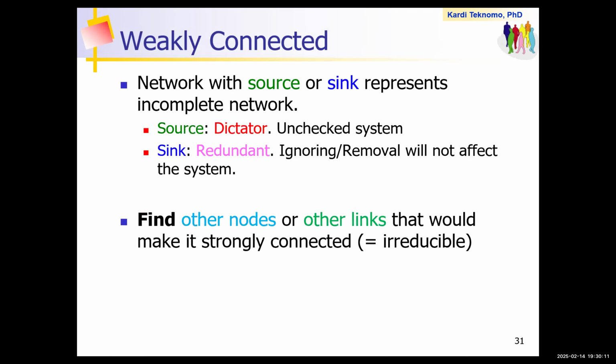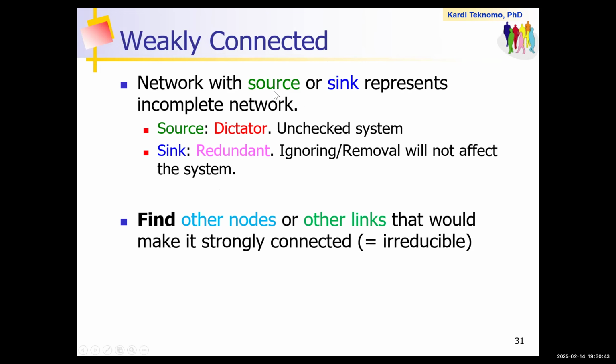Now, if your network is weakly connected, remember, for an unconnected network we cannot use IFN. If your network is weakly connected, what does it mean? Meaning you have a source node, sink component, source component. In power dynamics, a weakly connected network means an incomplete network.